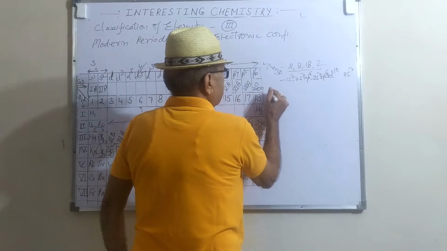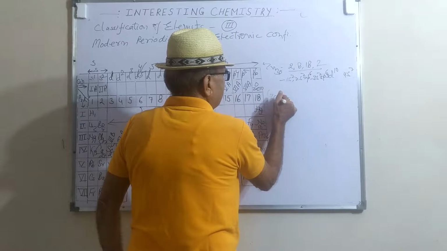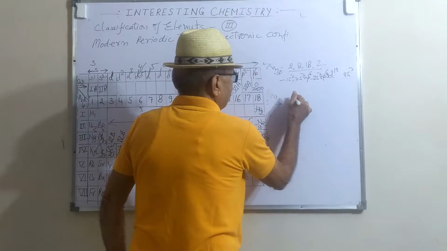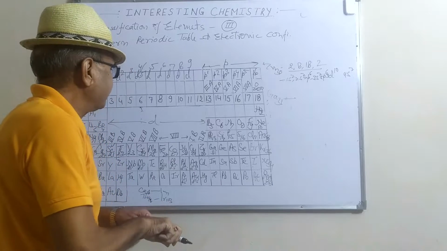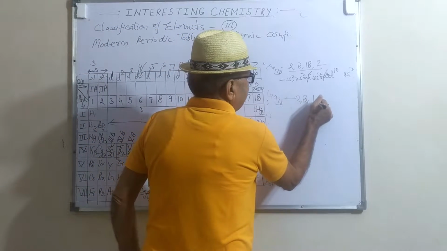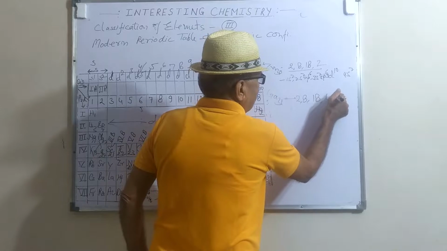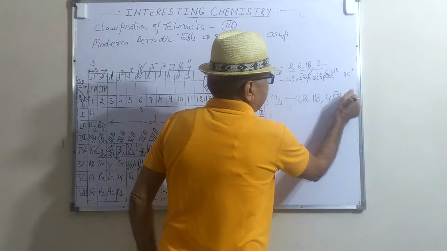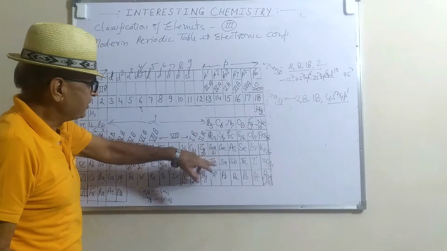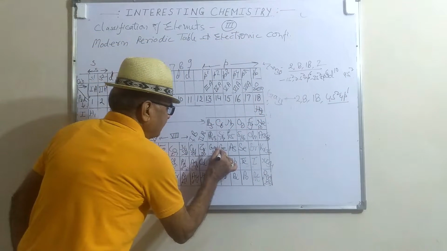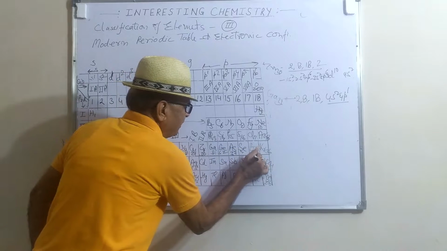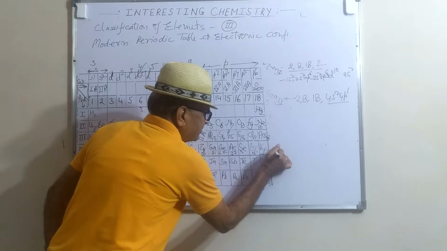So gallium, Ga 31, means 2, 8, 18, and 4s2, 4p1. Now in the same row, it goes 31, 32, 33, 34, 35 and this is 36.